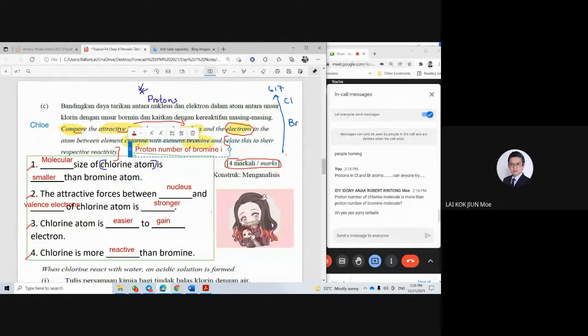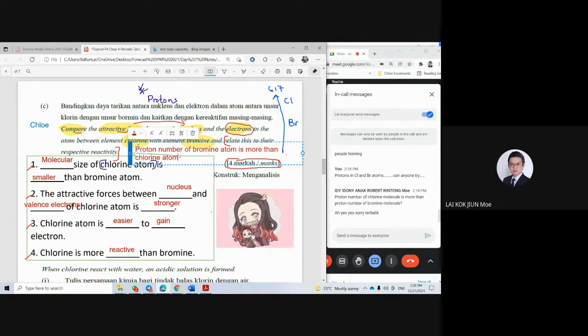Proton number of bromine atom is more than chlorine atom.